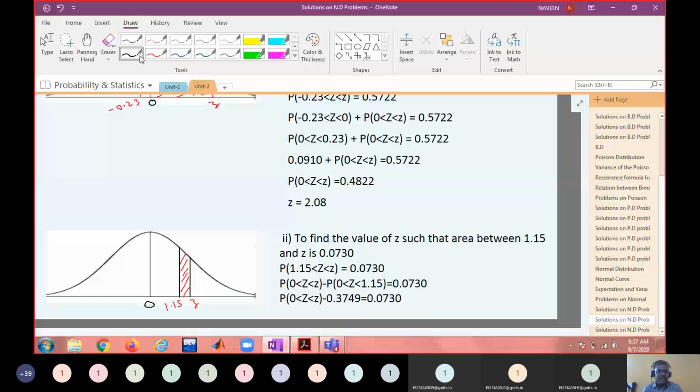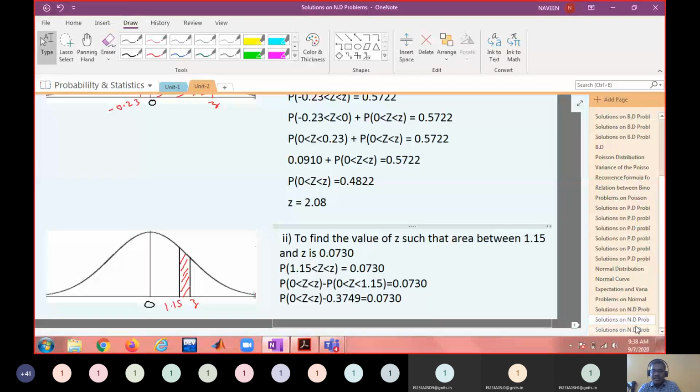So what is the area between 0 to z now? 0.4479, right?